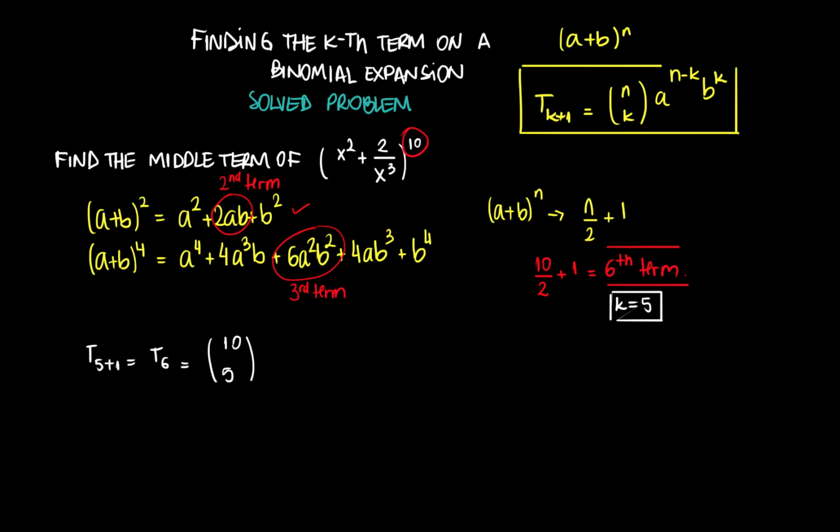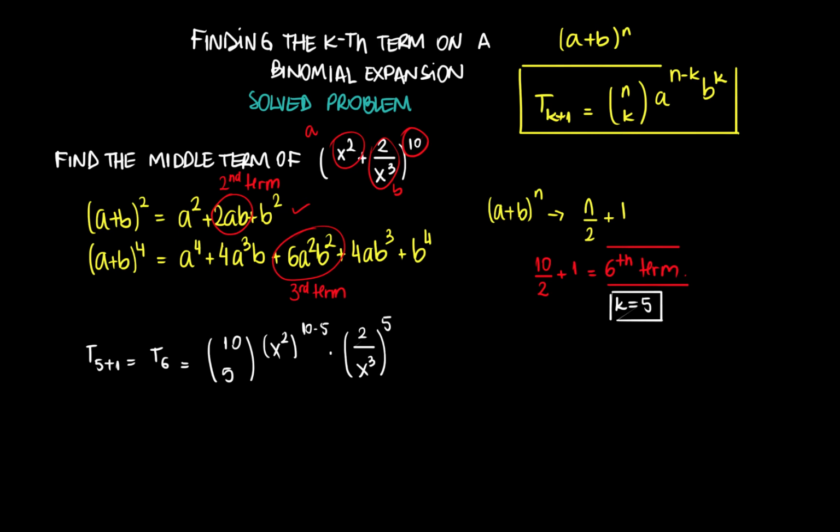This is a, and this is b, so we're going to have a to the power of 10 minus 5, given that a is equal to x squared, and b to the power of 5, given that b is this term over here.